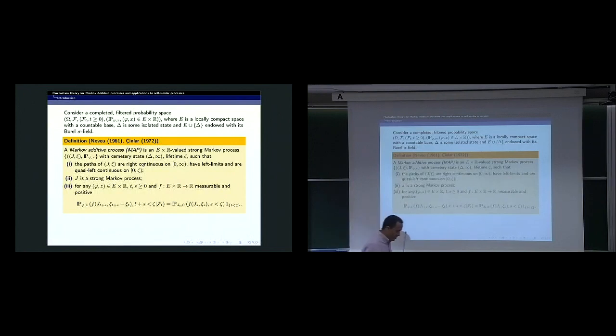These processes, we can think of them in the following way.